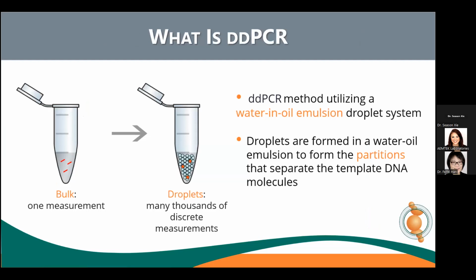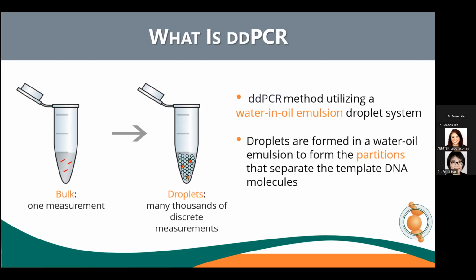This brings a game-changing technology called droplet digital PCR, also referred to as ddPCR. ddPCR utilizes phase separation of a water-in-oil emulsion to partition a sample into thousands of small-volume reaction chambers. The massive sample partitioning is a key aspect of the ddPCR technique.